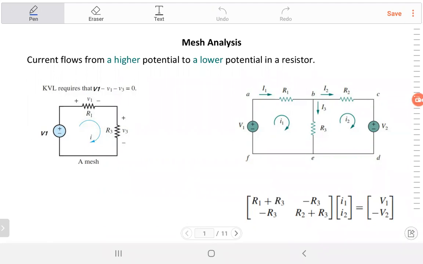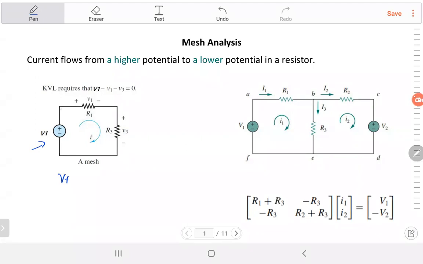So to start, we'll review Kirchhoff's voltage law on the circuit shown to the left here. This circuit consists of voltage source V1, resistance R1, and resistance R3. To write Kirchhoff's voltage law, use any point as a reference. I will pick this one, and I'll write V1, the positive polarity, located here.